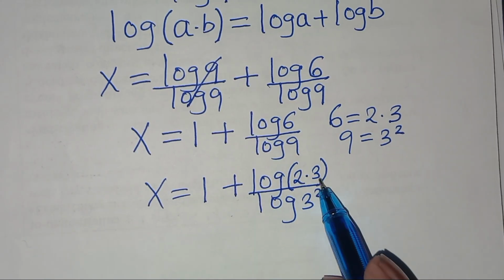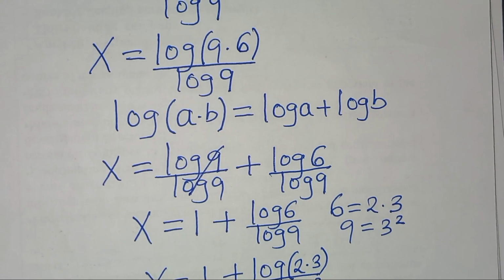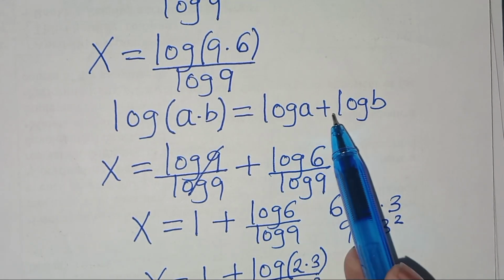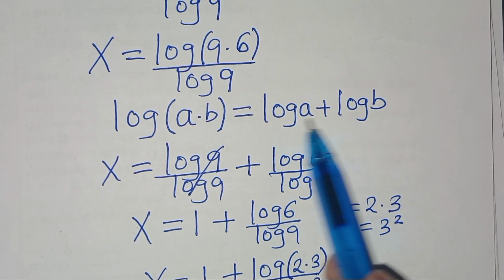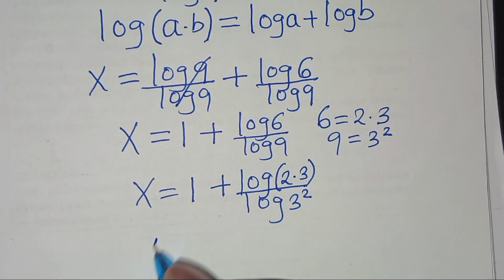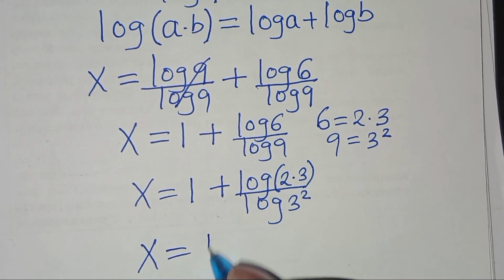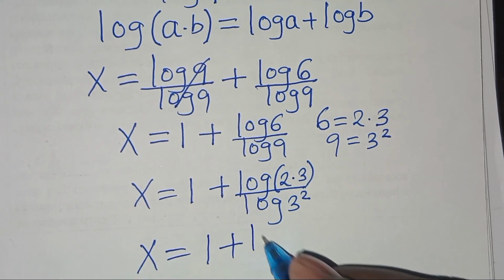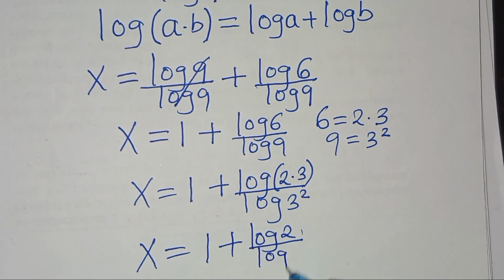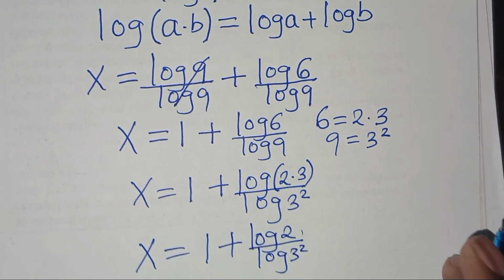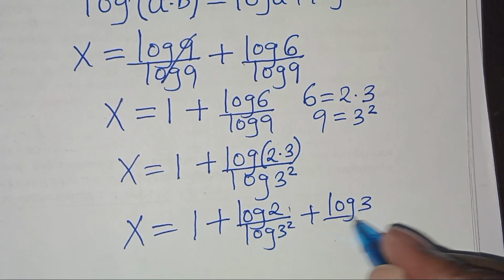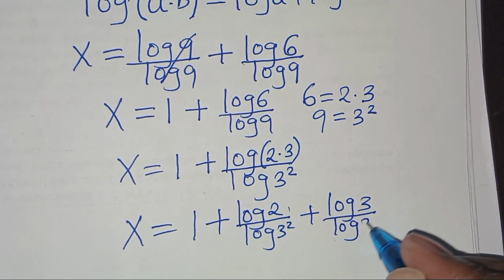So log 2 times 3 is in the form of log a times b, which we can express as log a plus log b. Applying this property, then here we have x is the same thing as 1 plus log 2 divided by log 3 to the power 2, plus log 3 divided by log 3 to the power 2.